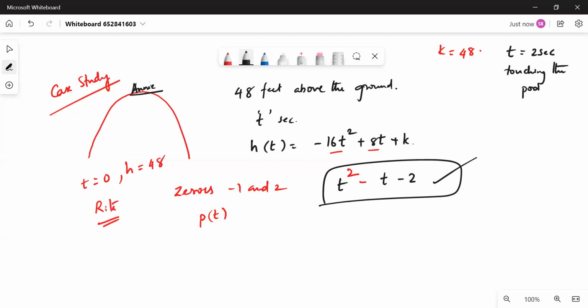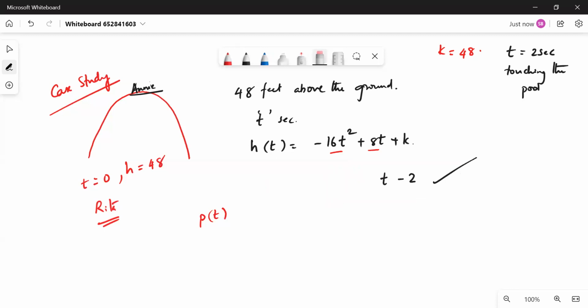One more question, sir. The zeros of polynomial r of t are given for minus 12t square plus (k minus 3) into t plus 48.